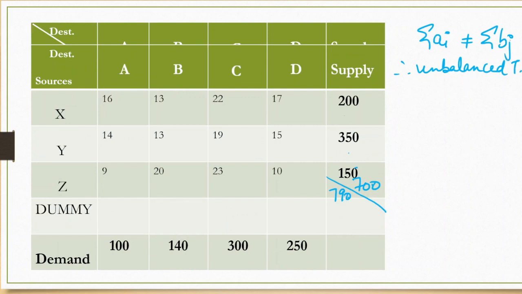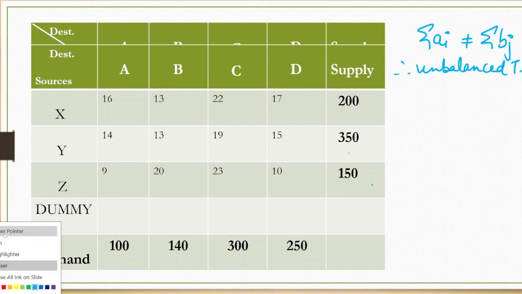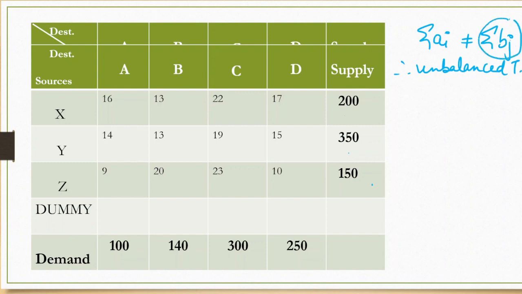For the unbalanced transportation problem, we always have to add a dummy row or a dummy column. Now, how do we decide whether we have to add a dummy row or a dummy column? As we knew, the supply was 700, it was less, right? This was 700 and this was 790.